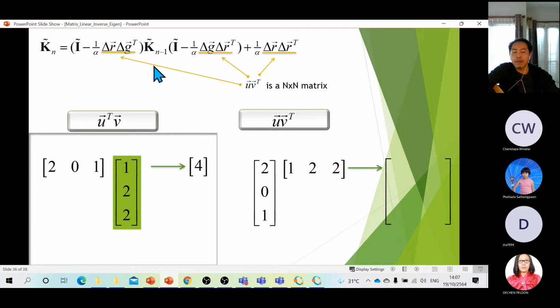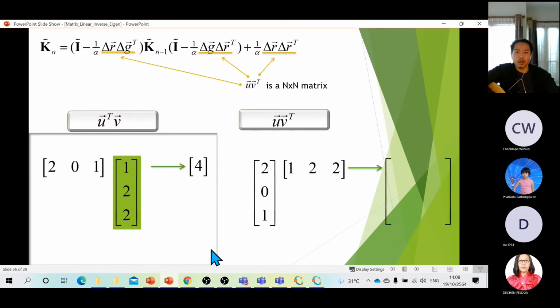If I make it more general, consider a vector u, any vector u, which is a column vector like a bamboo stick, multiplied by v transpose. Now this will give you an n by n matrix instead. We'll see what happens here.